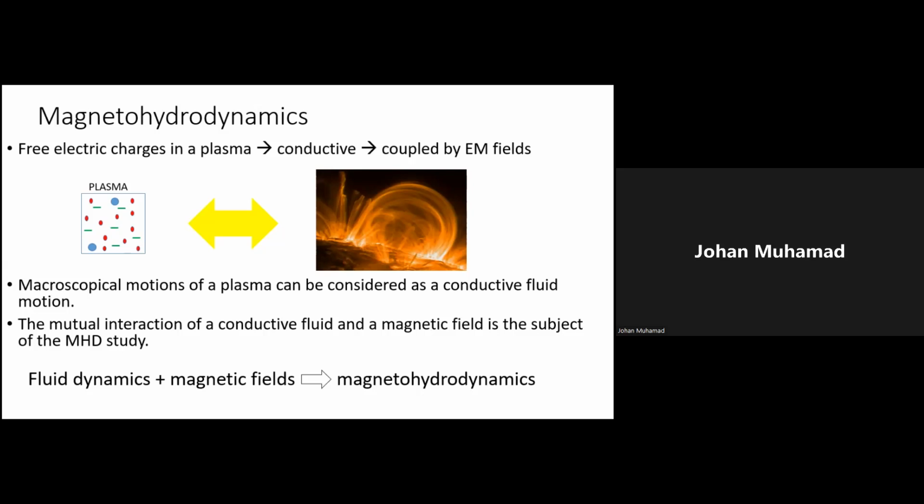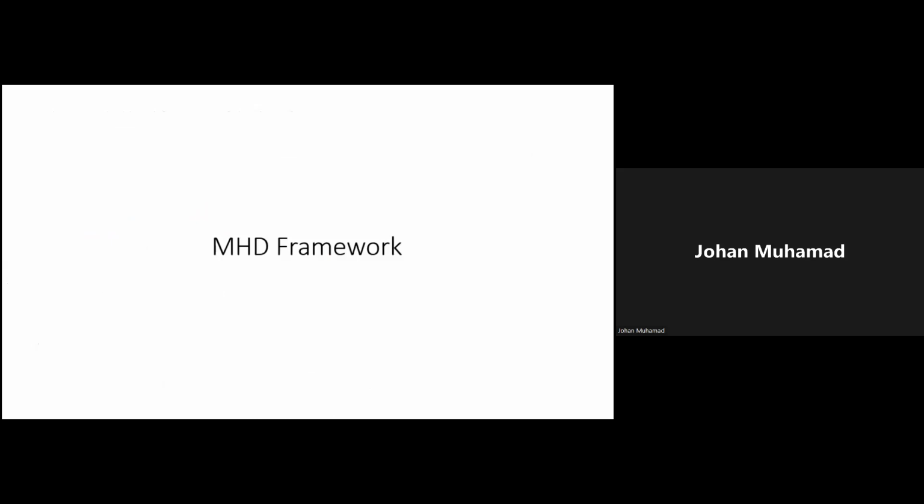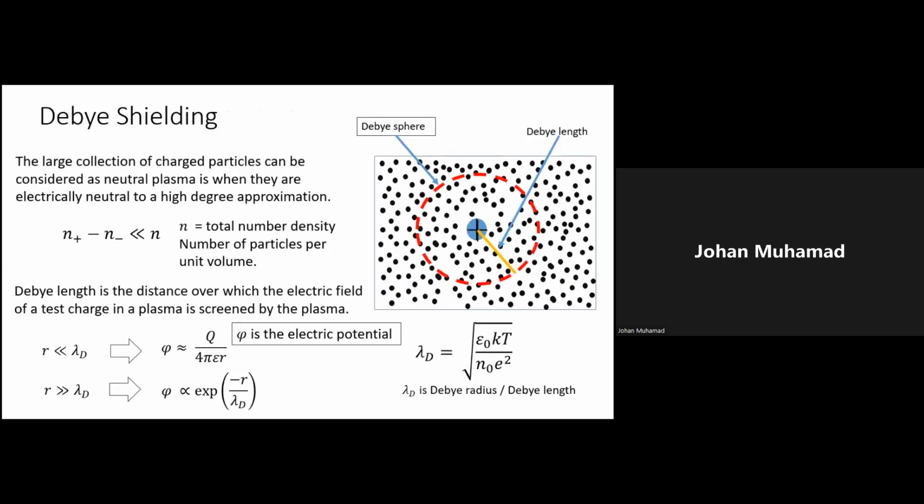If you want to do an MHD simulation, which solar activities can you study by using MHD, or do you need to use another science, which may be some kinetic theories and others? So the first thing that we should know is the Debye shielding.